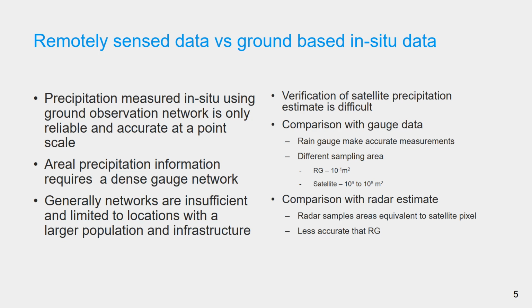Verification of satellite precipitation estimates is difficult because rain gauges are only accurate at point scale, and radar sample areas are equivalent only to a single satellite pixel. Rain gauge sampling area is less than 0.1 square meter, while satellite sampling areas are in millions to hundreds of millions of square meters.